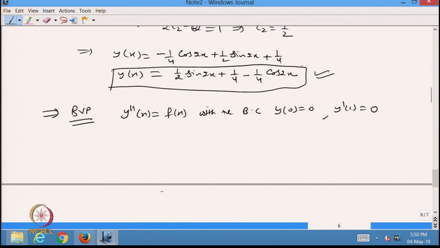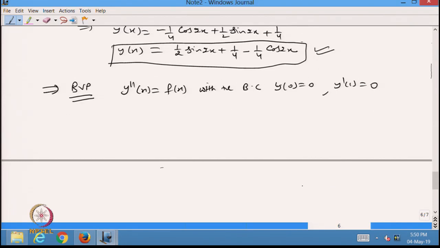So, this is the mixed boundary condition. If we see, this is a Dirichlet type boundary condition and this is the Neumann boundary condition. So, it is a mixed type, we have a function and its derivative. So, in this case I will solve for the Green function.